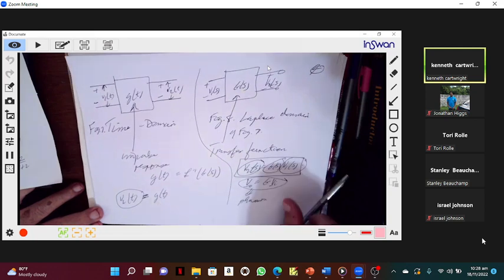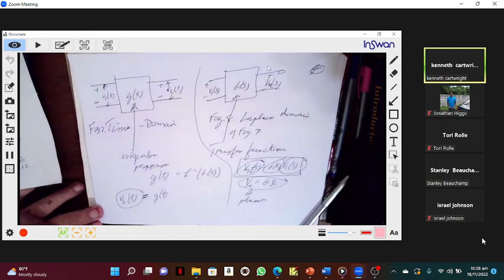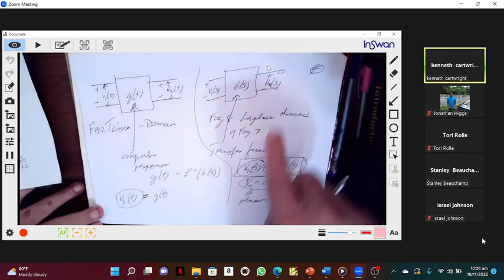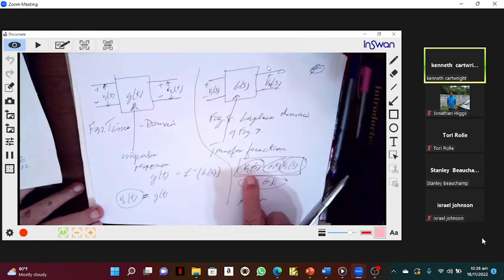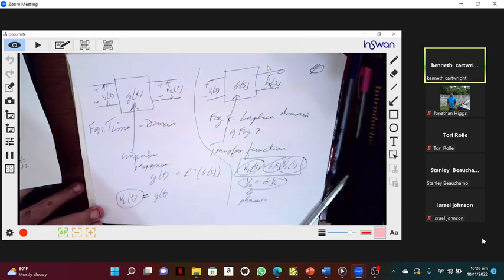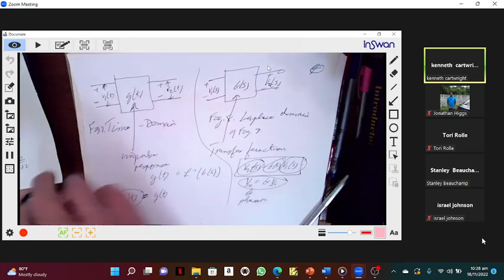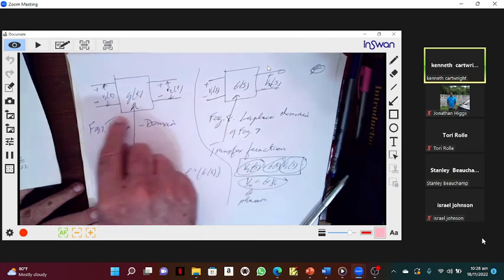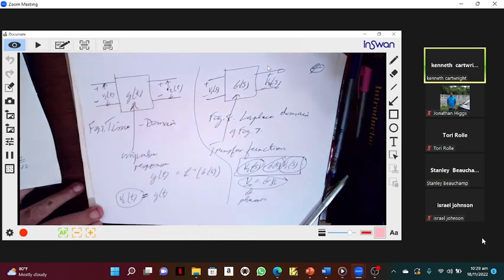Are you all not seeing the symmetry here? V2 is the output, and the output is related to the transfer function times the input. That's in the Laplace domain. But in the time domain, V2 of t is somehow related to V1 of t and G of t. I mean, how do you miss that?